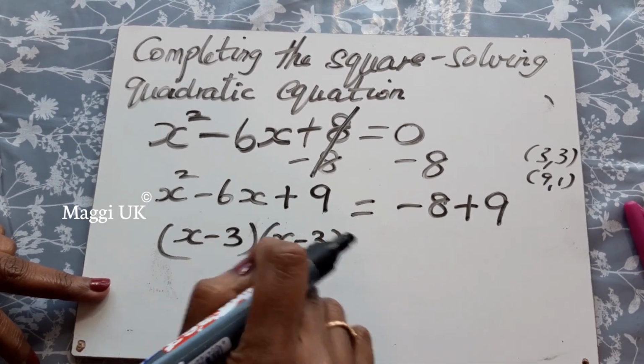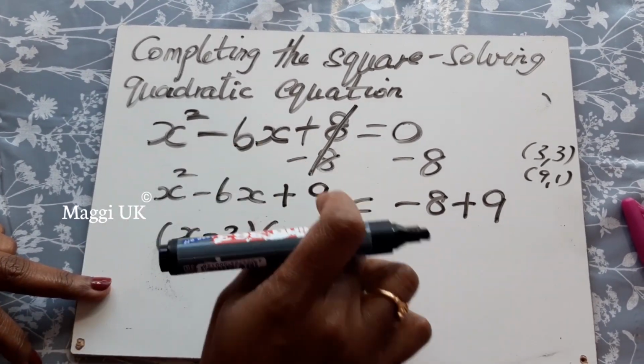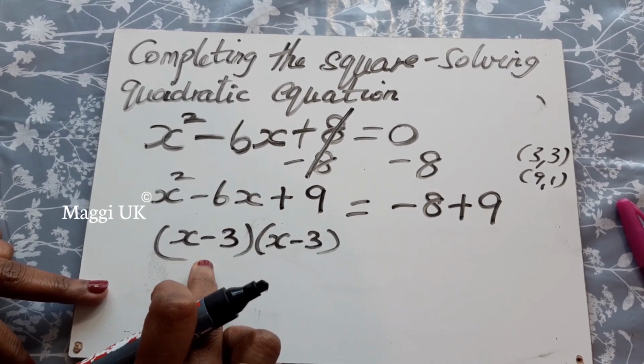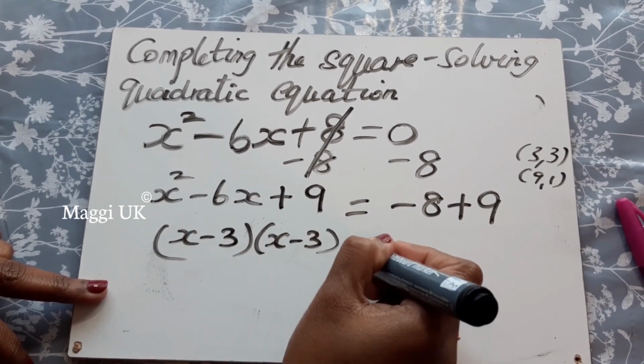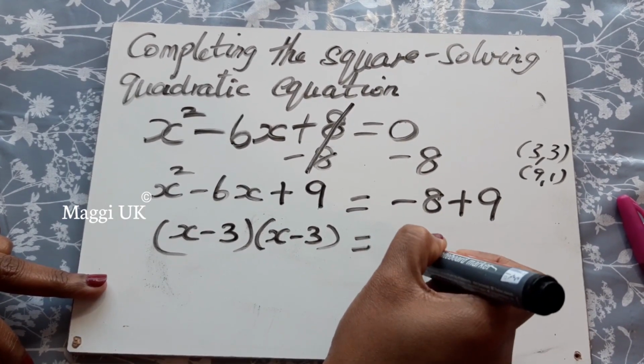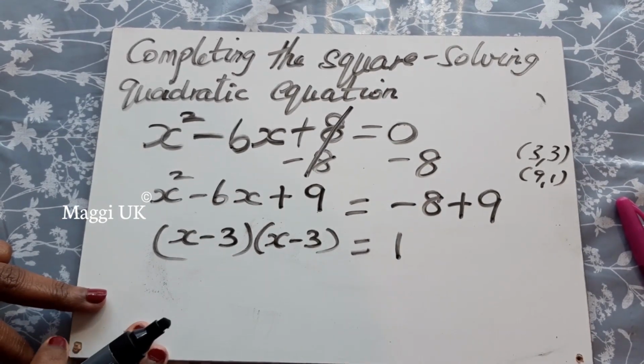When you add minus 3 and minus 3, that gives you minus 6. So I have factorized x squared minus 6x plus 9 as x minus 3 and x minus 3. And on the other side, minus 8 and plus 9 will become positive 1, because the 9 has the greater plus sign.